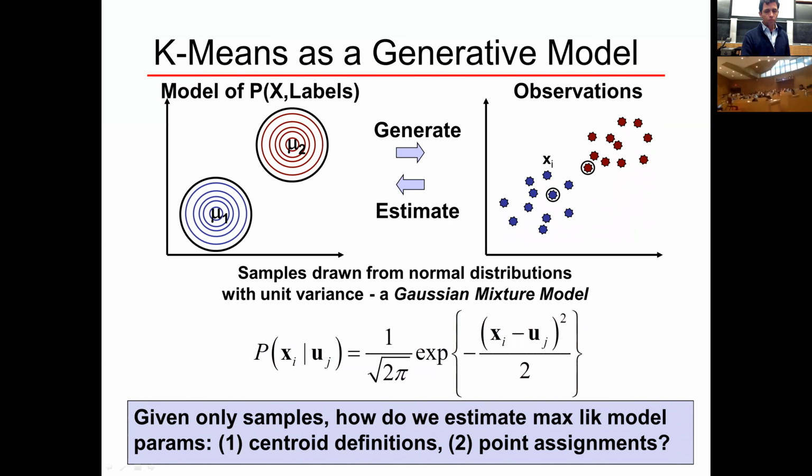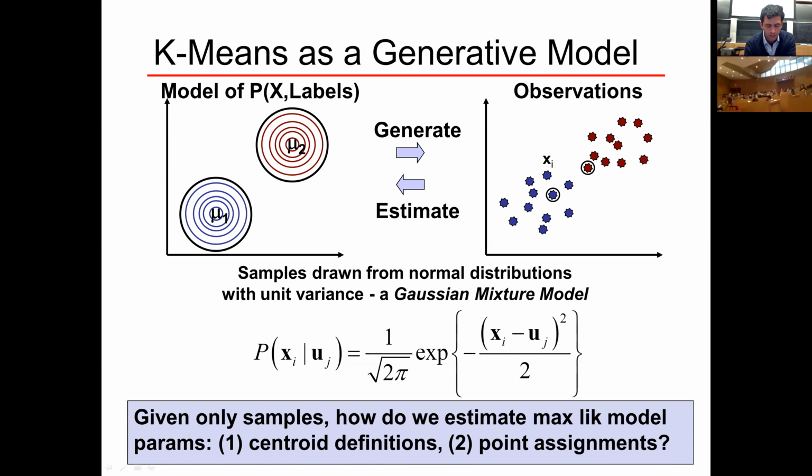From this hidden model of the world, I don't really know the true centers, but I generate a bunch of points by sampling from those centers, okay? Basically, there are samples drawn from normal distributions with unit variance, a Gaussian mixture model.